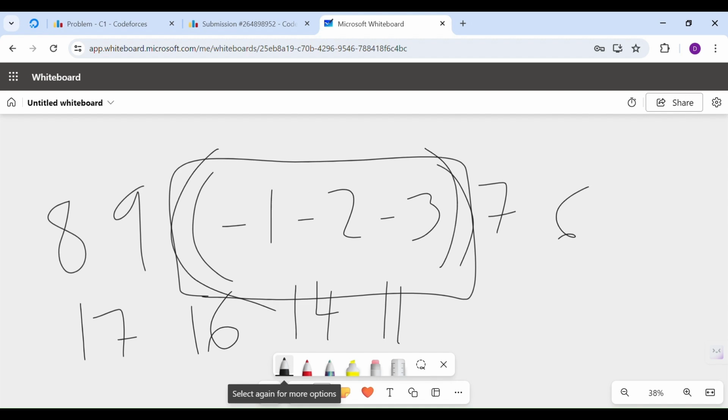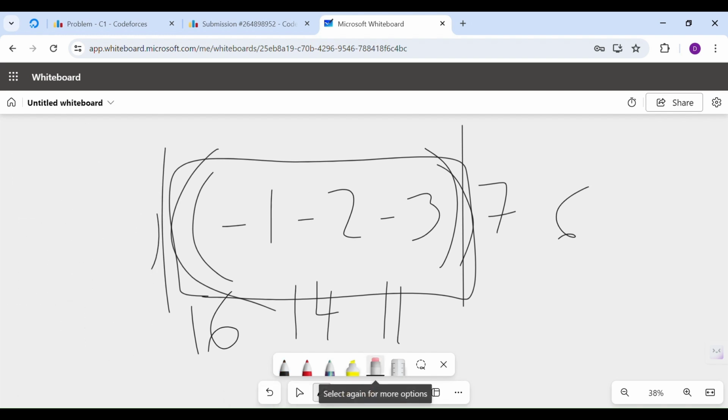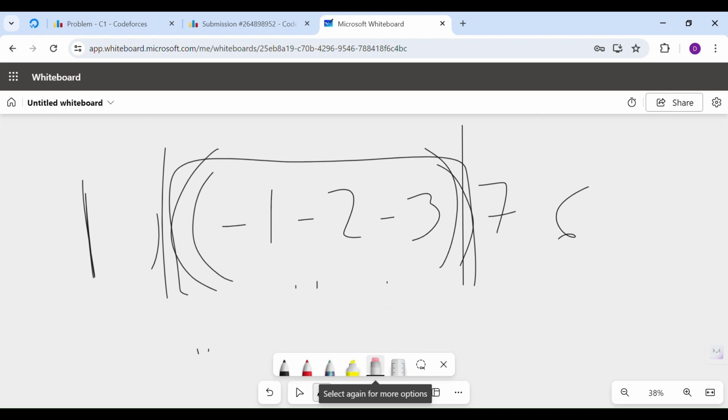Wherever you come across negative values, the idea was that instead of modding at every operation, we mod all of them together, because now here there was 8 and 9. But what if we had something like 1? Then modding it after all of these negative numbers would give us a better answer.